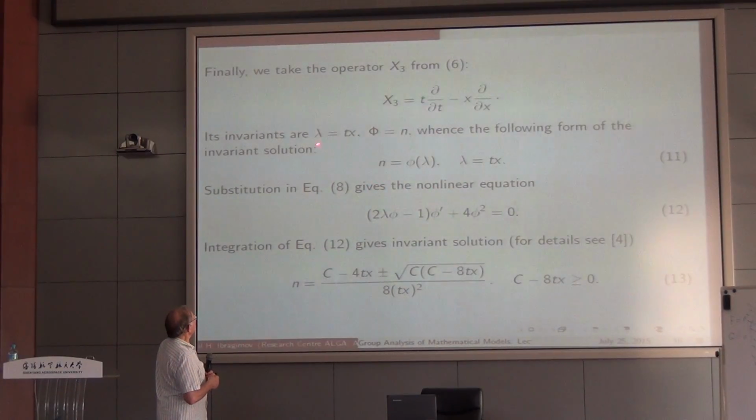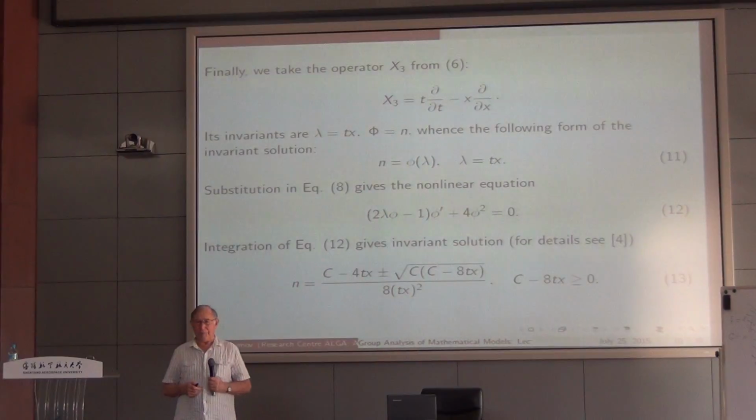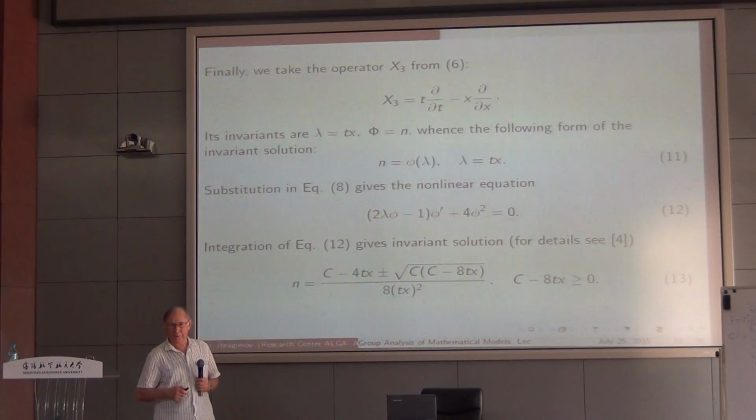So we have two invariants, and we take one invariant, denoted by lambda, which does not involve the dependent variable n. Of course, it's not always possible, but in this case it's possible. This is a simple case.